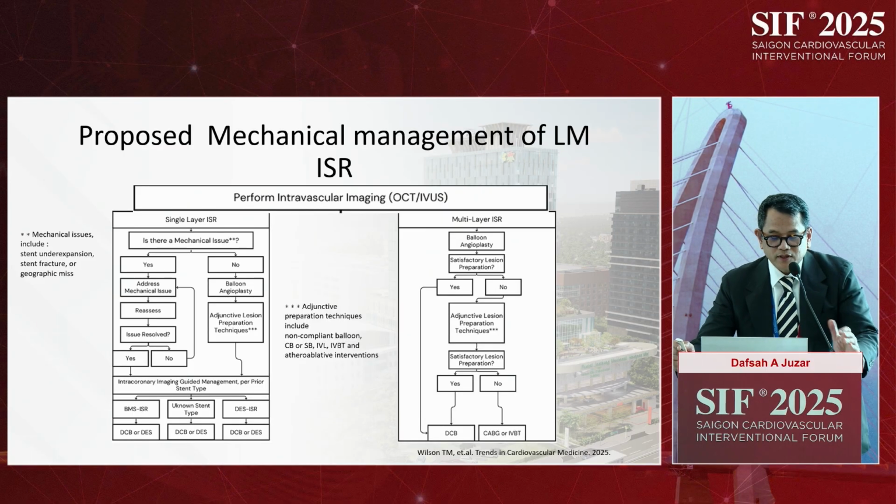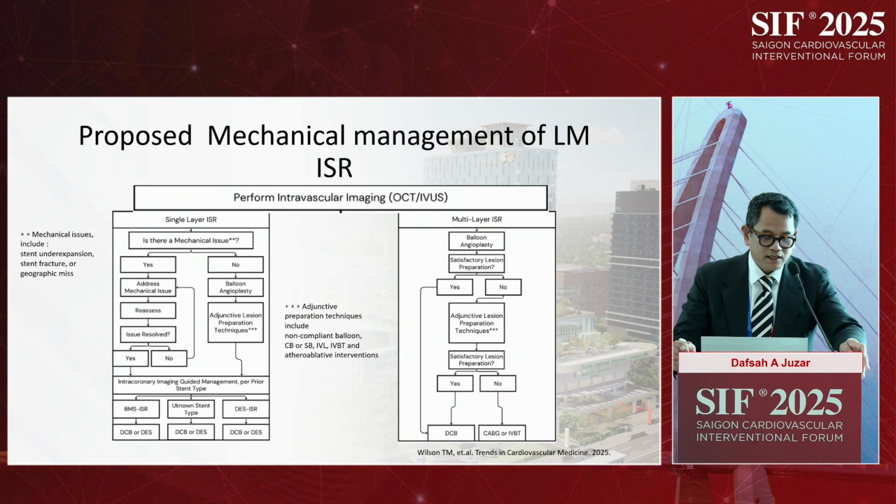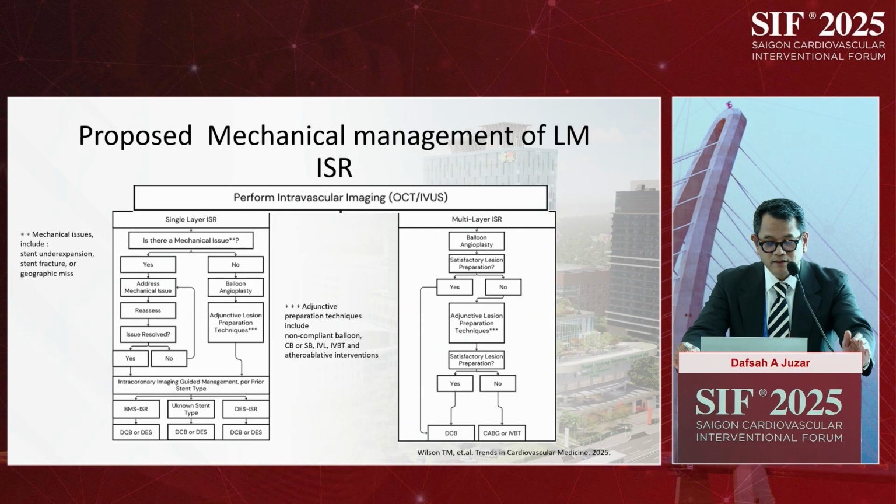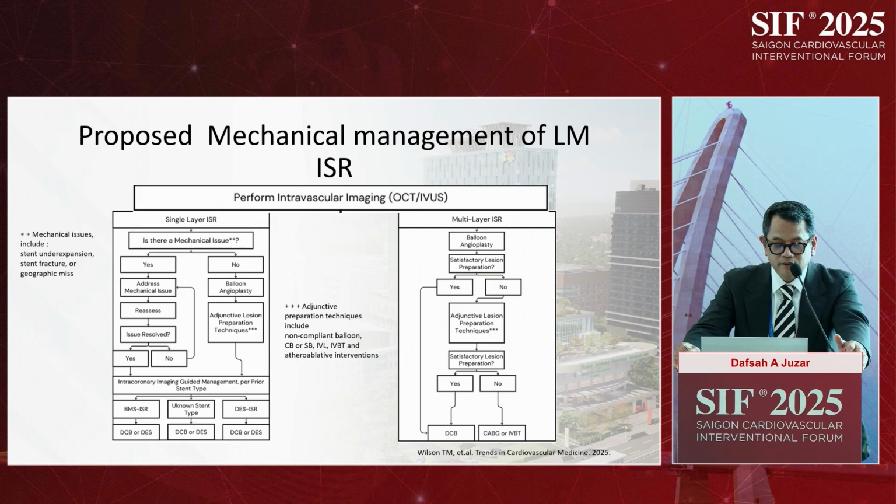If it's resolved on intracoronary imaging, then it depends on the stent used previously. If it's BMS, which we probably don't see anymore, then DCB, I think, is the first choice. But if it's not, then depending on what sort of imaging you get after your lesion preparation, you decide whether to use DCB or DES.